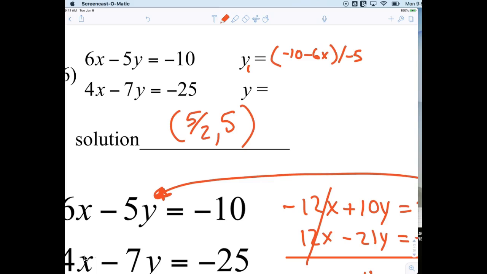And under y2, you type in what? -25 minus 4x divided by negative 7. And then just double check your work. Type that in, second, calc, intersection, enter, enter, enter, and then it'll tell you if you're correct. That's why I say this is the most important part, because if you get this right, then you know if your answer is correct.